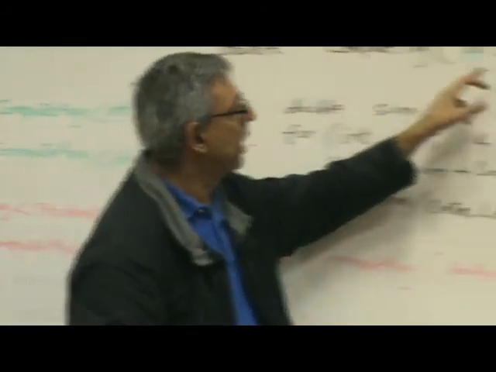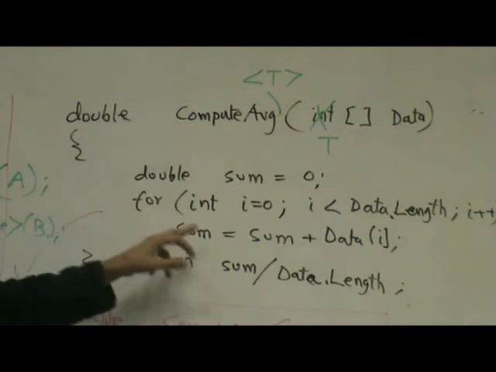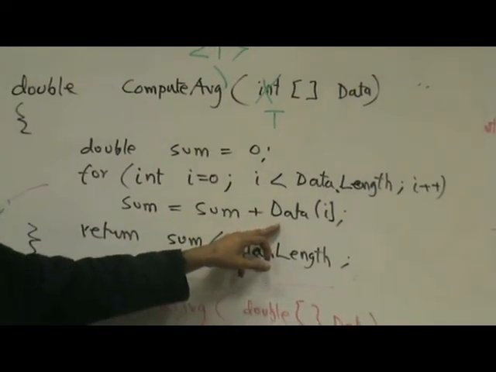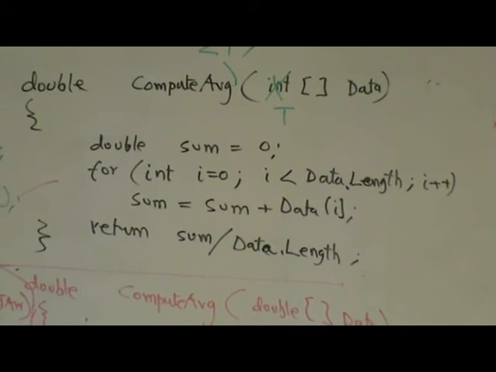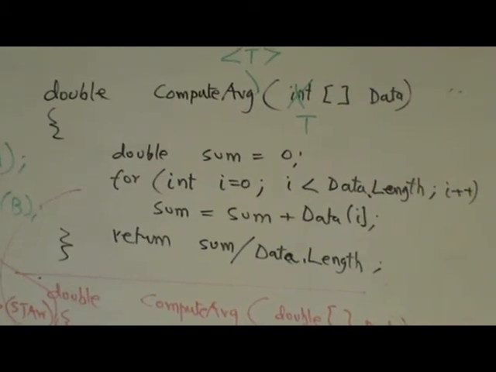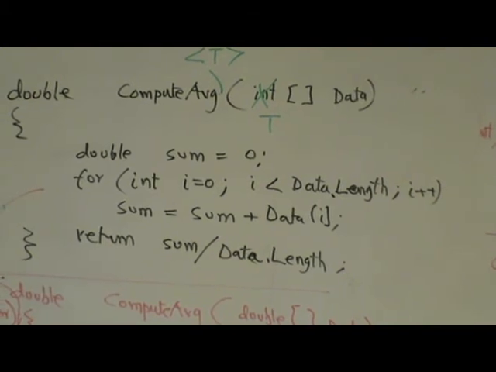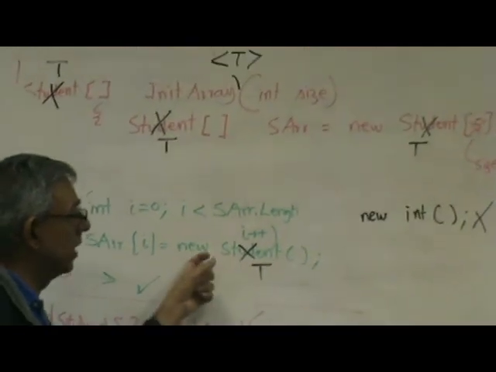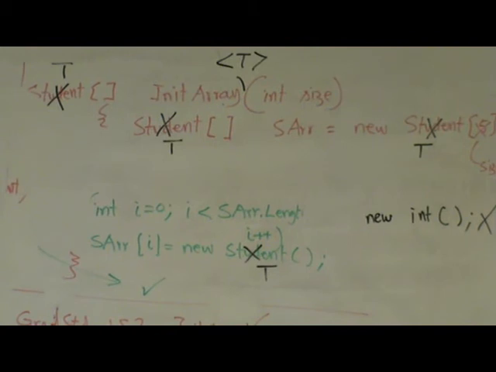So we'll come over here, right? T will be what now? Student. So sum plus, how can we add a student to a double? It doesn't make sense, right? So what's the constraint that we need in this case? Previously we said that the data type has to provide a constructor, right?